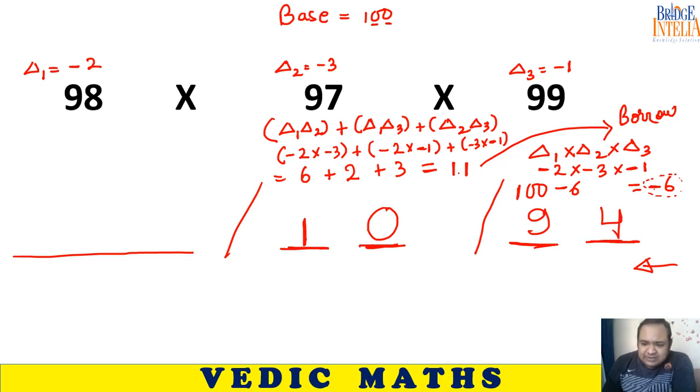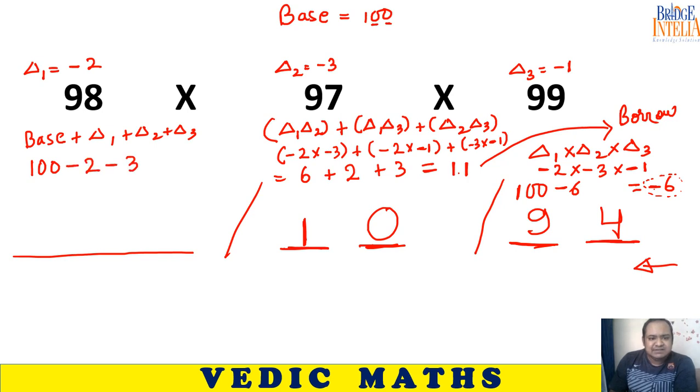Now shift focus to the first blank space. In the first blank space, what am I supposed to write? Base plus all the 3 deviations. Base is 100. First deviation is minus 2. Second deviation is minus 3. Third deviation is minus 1. So 100 minus 2 minus 3 minus 1 is equal to 94. So write 94 here.